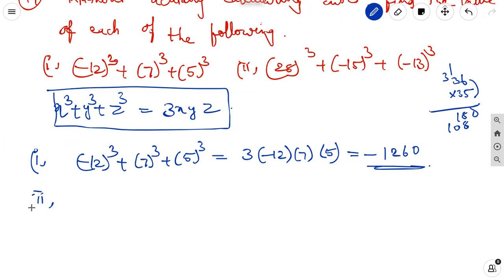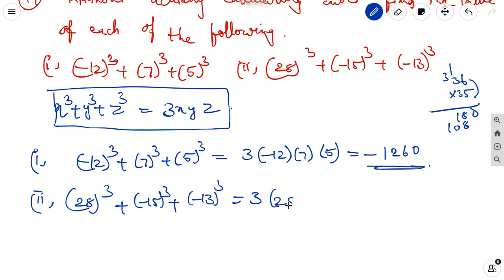The second one is 28 whole cube plus (minus 15) whole cube plus (minus 13) whole cube. Write in 3xyz form: x is 28, y is minus 15, z is minus 13.